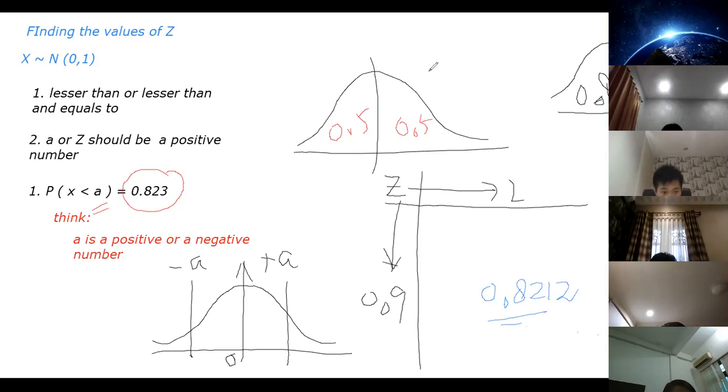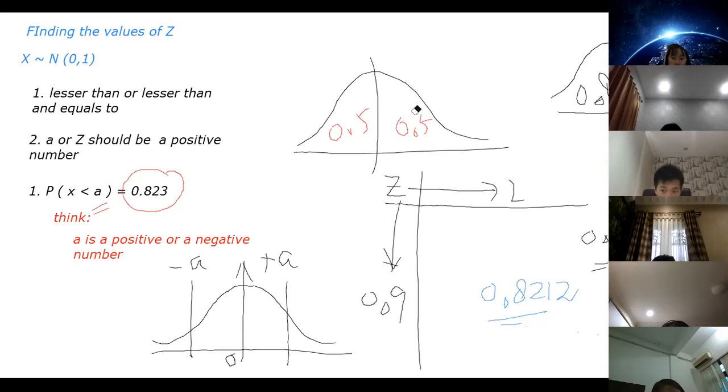Then we can continue again. So now we have to think: there is no exact value for 0.823, so we decide to take 0.8212. How much is lacking in order to give us 0.823?